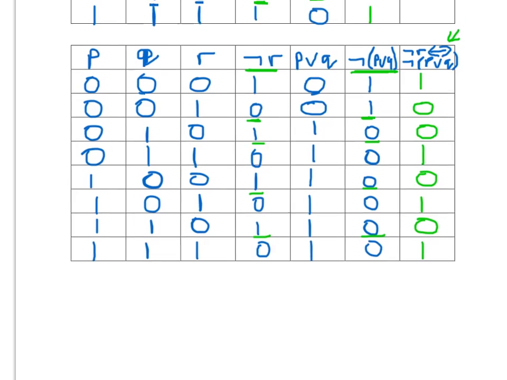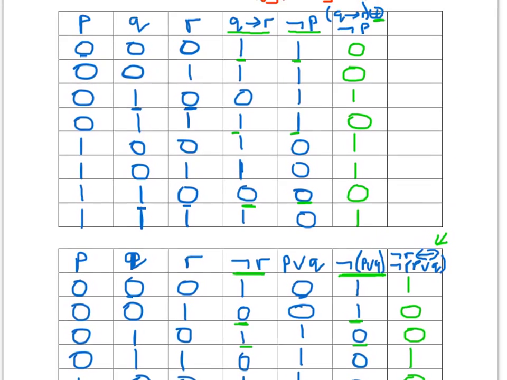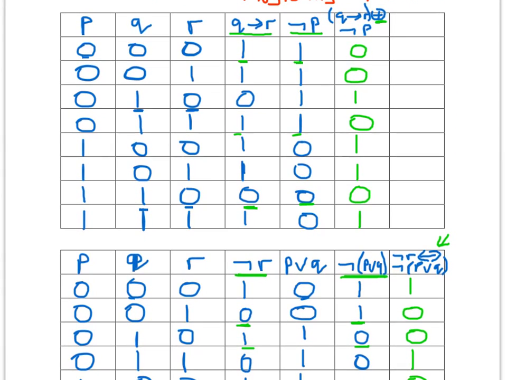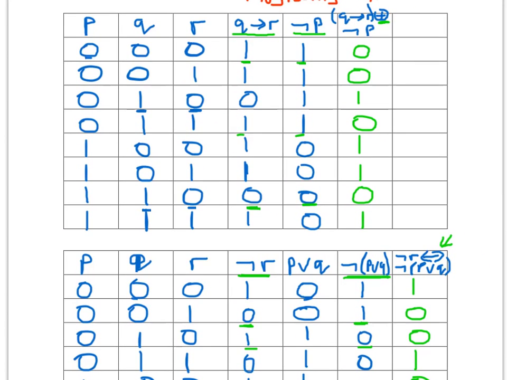Now what we do is we compare final columns. Even if you just look at the very first entry of the final column of the left-hand side, that is a 0. And if you look at the entry of the final column for the right-hand side of the logical expression, that is a 1. So obviously the final columns are not the same.